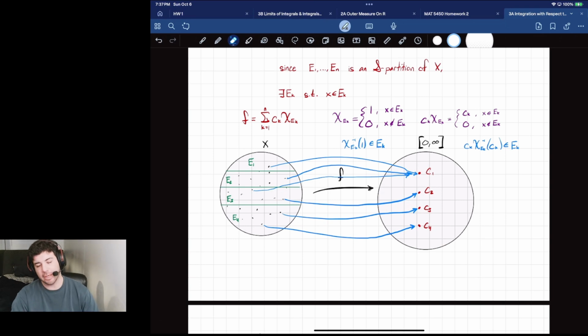It just matters that you're taking, so you start off with a sum of characteristic functions defined on X, which is broken down into partitions EK, and then you're multiplying each of those characteristic functions by a scalar, which is basically shifting the constant function 1 to different locations.